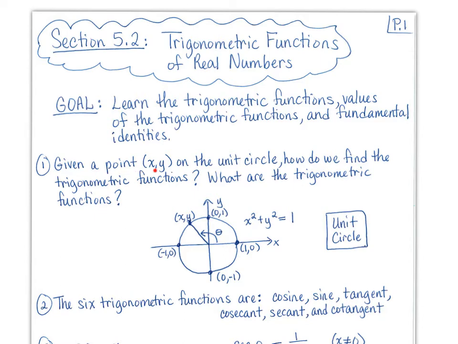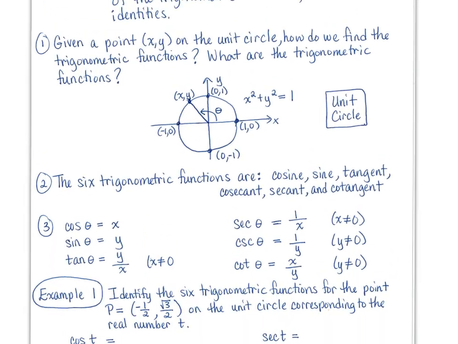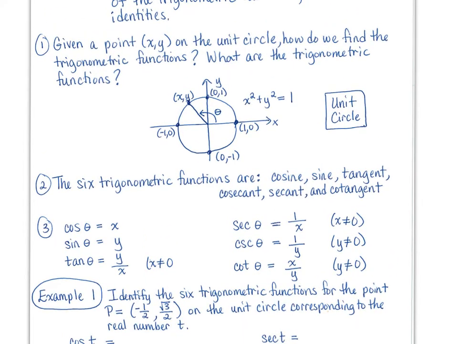Given a point (x, y) on the unit circle, how do we find the trigonometric functions? What are the trigonometric functions? If we take a closer look at the unit circle here, we have a point (x, y) and this angle theta.